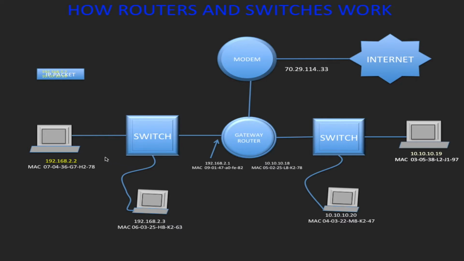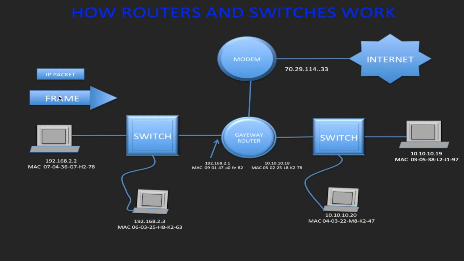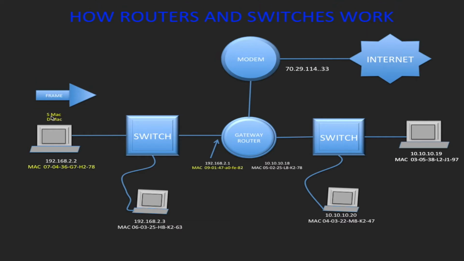So we're going to have a frame created, and we're going to put this IP packet into the frame, and then the source MAC address and the destination MAC address is going to be placed right into that frame as well. So now this frame is ready to be sent to the switch.